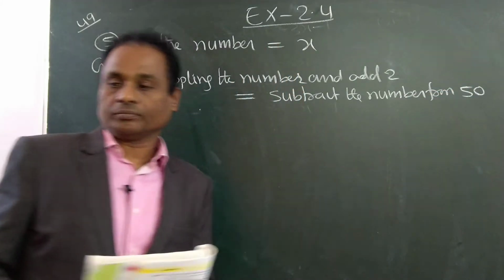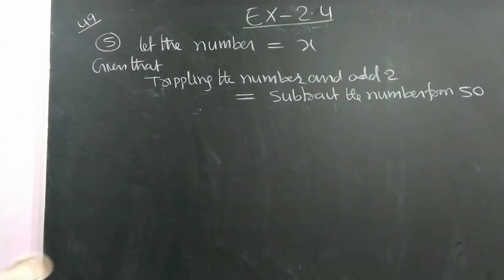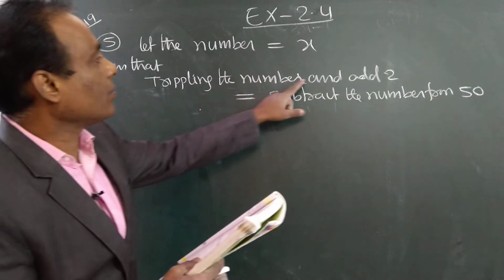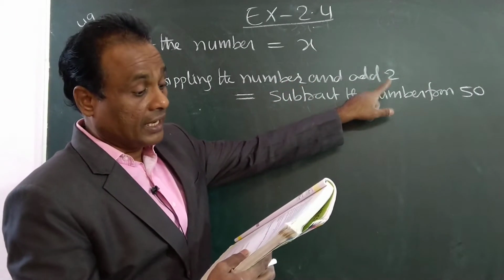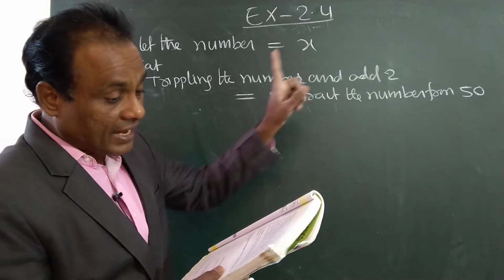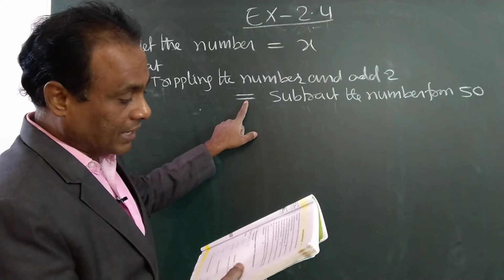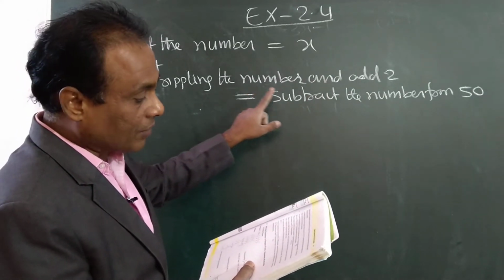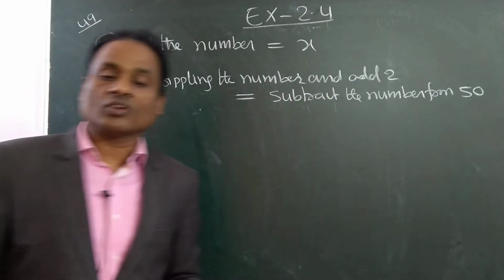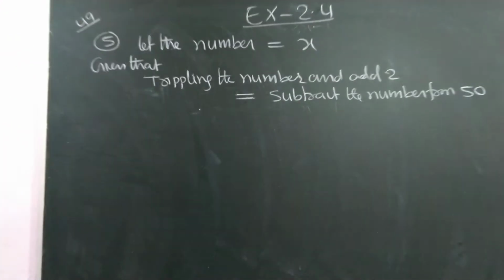This is the data. Tripling the number and adding 2 is equal to subtracting the number from 50. So read the question. This is the data.